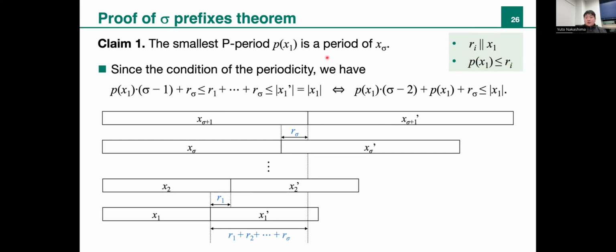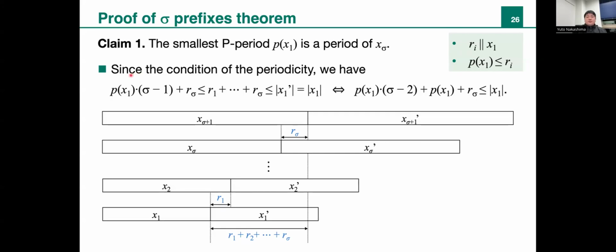Okay, so this is the first main step of our proof. We claim that the smallest parameterized period of x1 is also a parameterized period of x sigma. So let's start this proof.